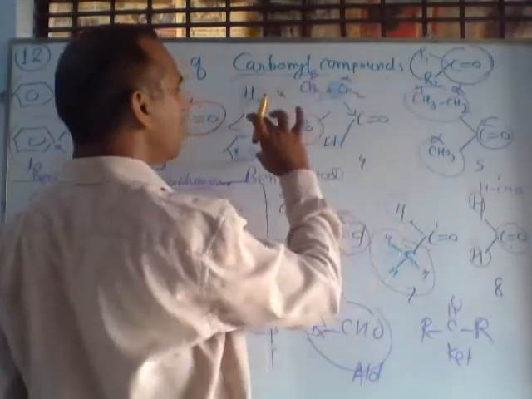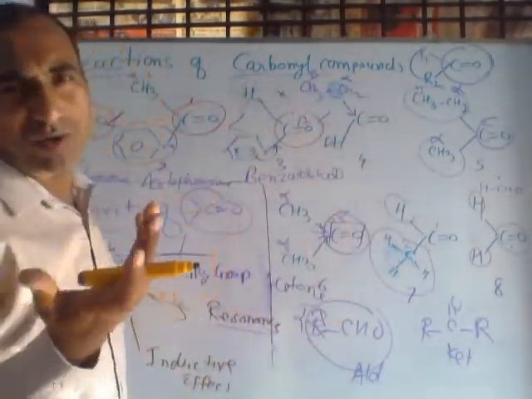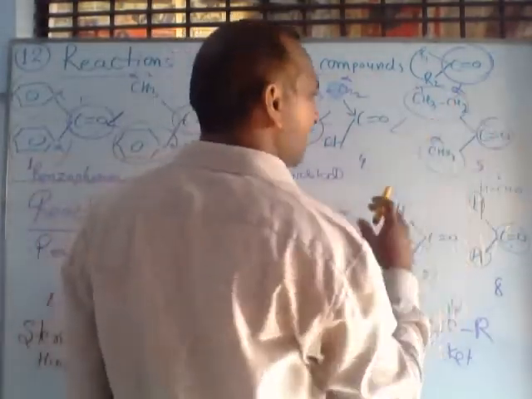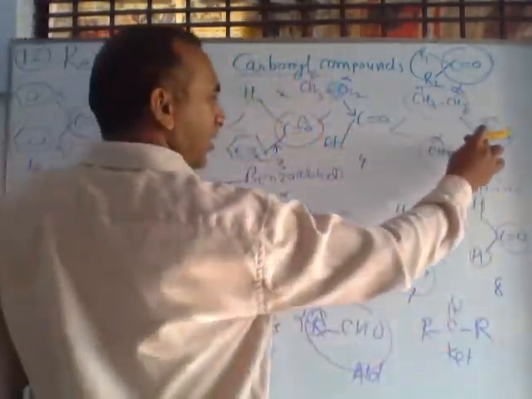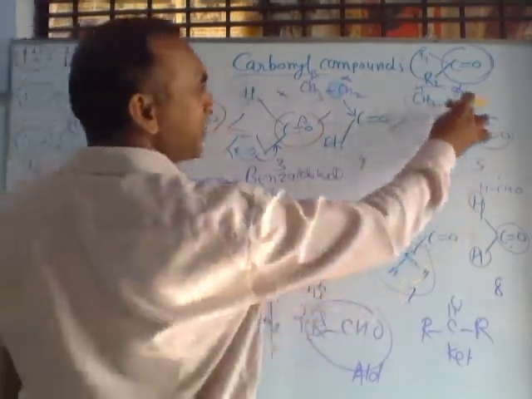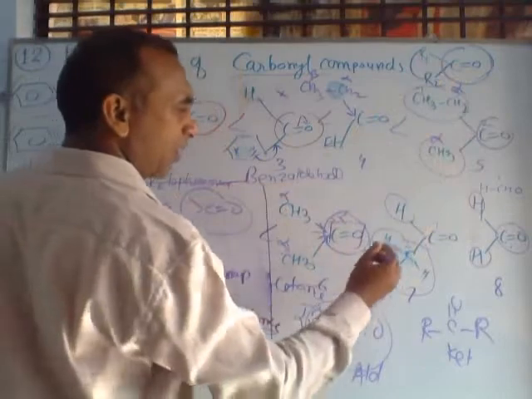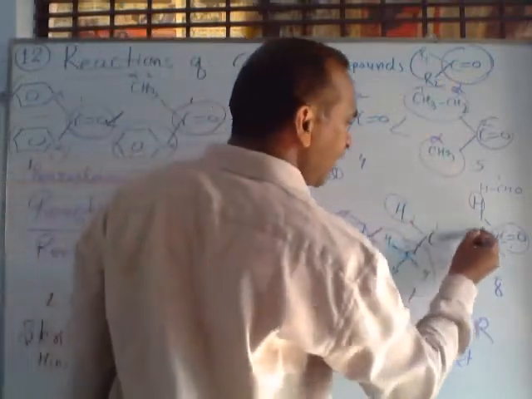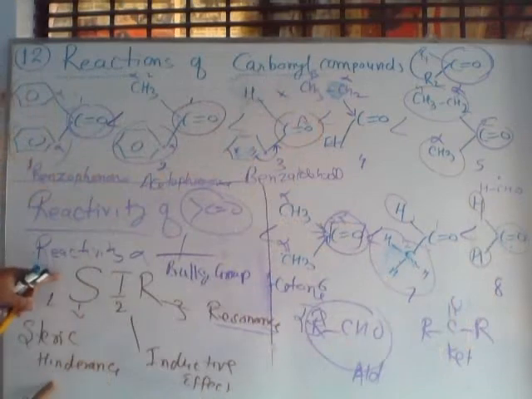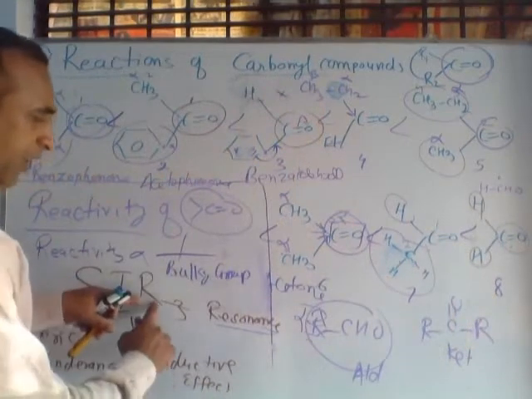Diethyl ketone is more reactive than benzaldehyde due to no resonance, but it is steric. This is again more reactive than that compound. Acetophenone is further more reactive because it has a methyl group instead of an ethyl group. Acetaldehyde, and the highly reactive one is this compound, because in this compound there is no steric hindrance, no inductive effect and no resonance.